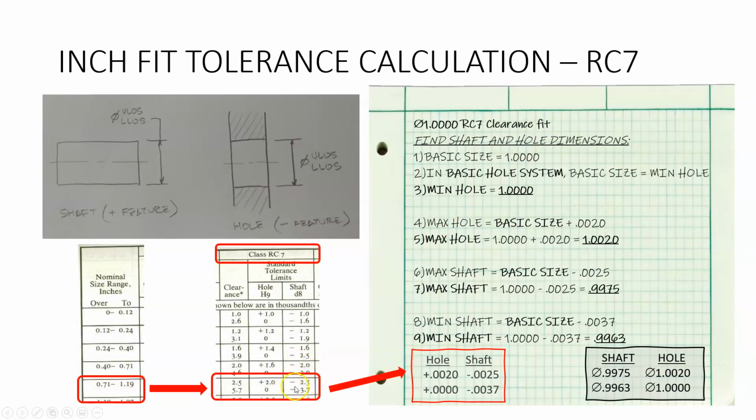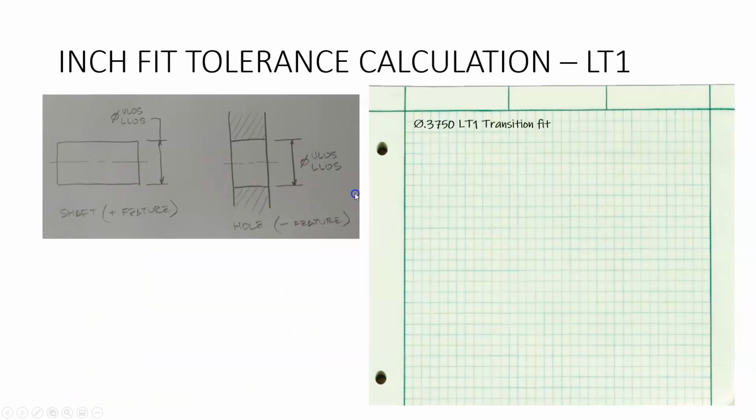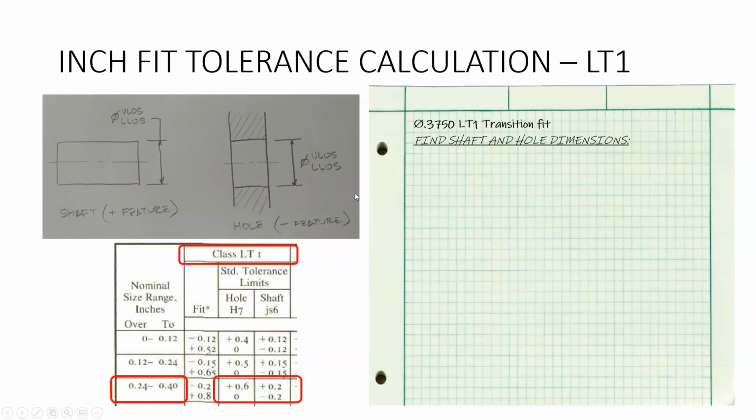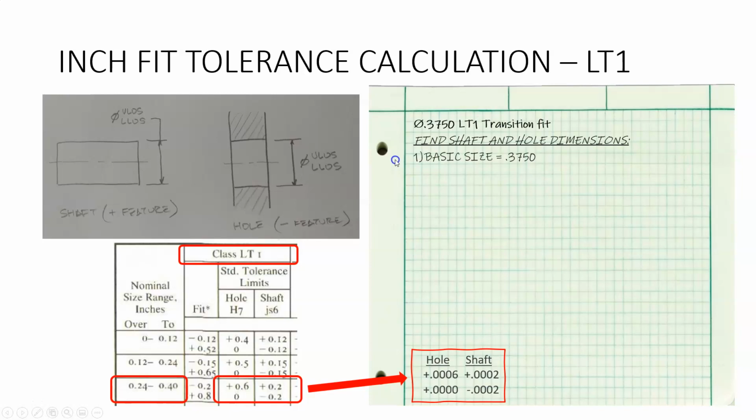So these have to be minus or less than the basic size, which is the minimum hole. Now, if we go here, well, now we could get a situation where the shaft is larger than the hole. That's a transition fit.